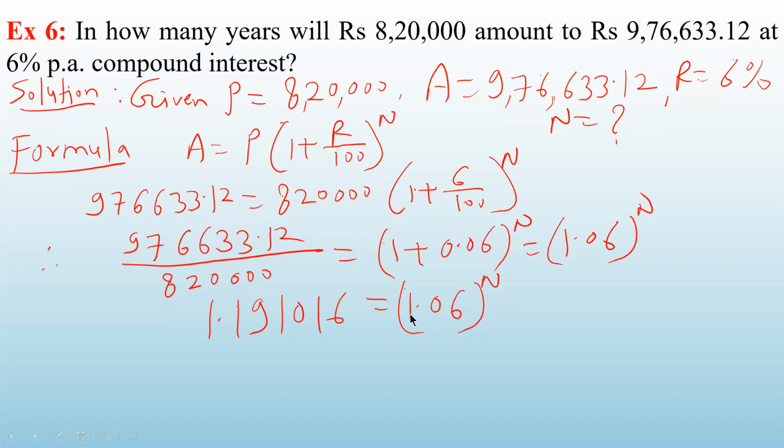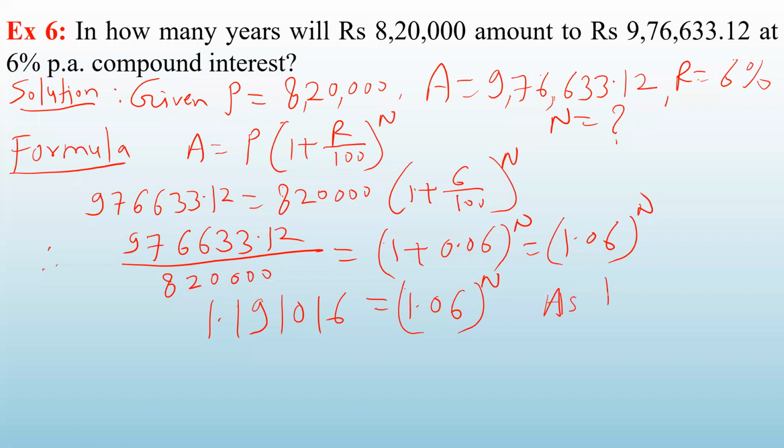So what you do, you find out 1.06 raised to power, square first, then raised to power 3, and see when you get this number. Okay, so this we can do here.